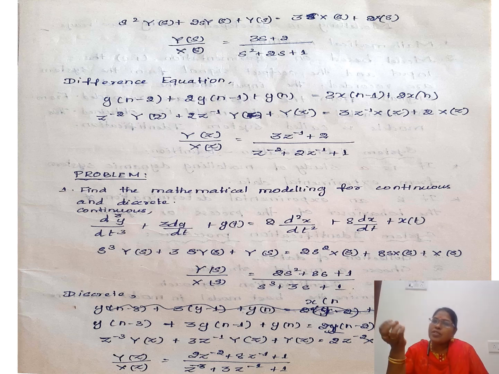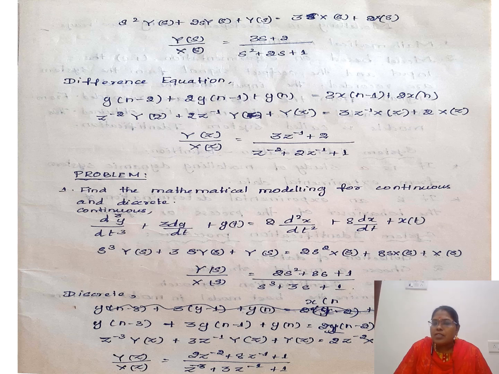In continuous time we can use the Laplace transform, but in difference or discrete, I have to use the z transform for analysis. So I can convert this to z power minus 2, z power minus 1, Y(z). Here also you have to combine all Y(z) and X(z).